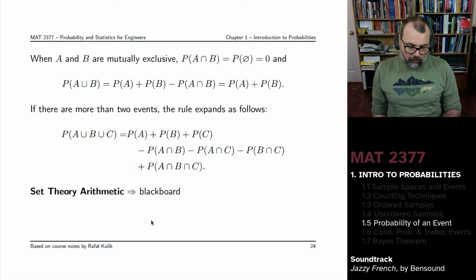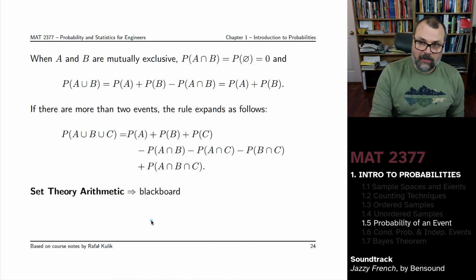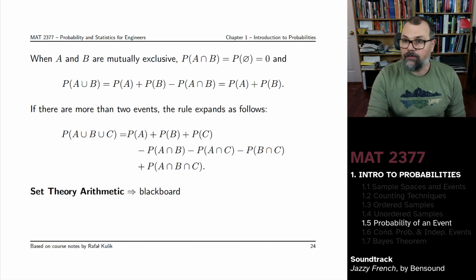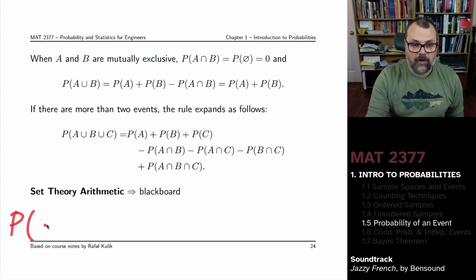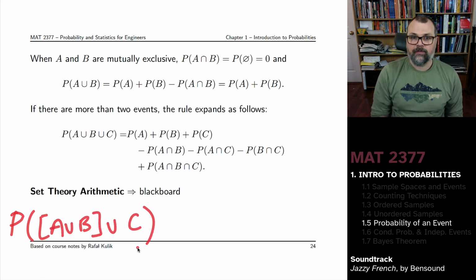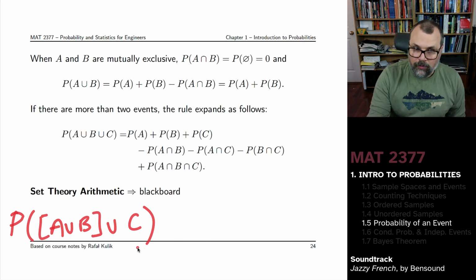If you're not sure, or if you don't think you can remember that, it is not complicated for you to think of the probability this way. It's the union of A and B together with the union of C, and then you use the regular formula.